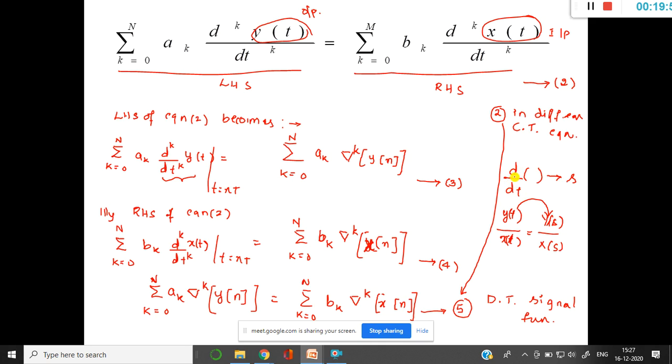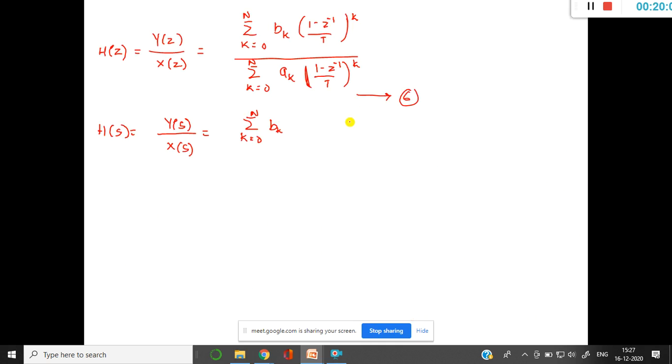And how do you write the d by dt of that? That is simply the s we try to represent, right? This is how I represent it: d by dt is going to be represented as s to the power of k. Summation k runs from 0 to n, and this is a_k s to the power of k, right?